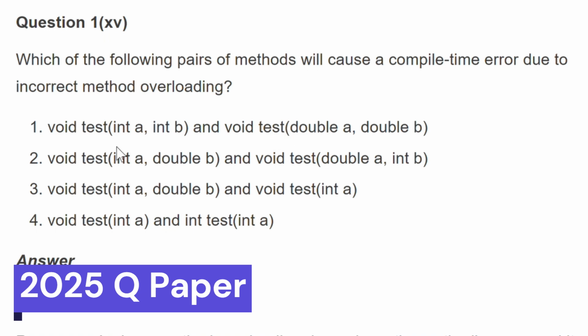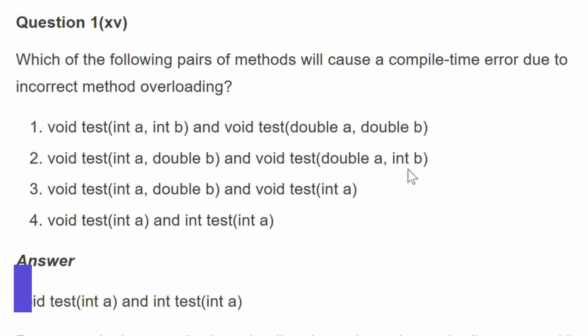Here see, this is int a, int b, double a, double b. The data type of parameter is different. So this is your different signature. Here int a, double b, double a, int b. Order of parameters different. So this is your different signature.